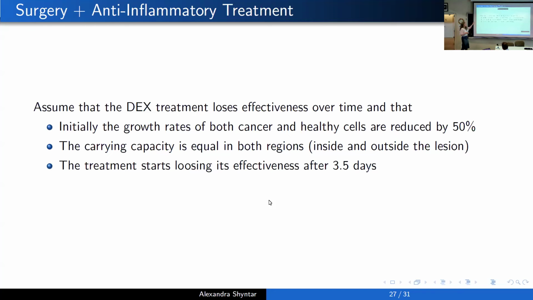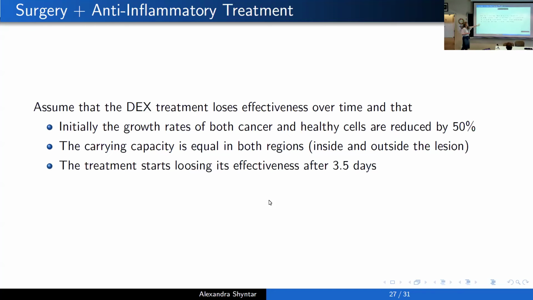So to simulate it, we assume that initially it works well at delaying the immune response. So the growth rates of both cancer cells and healthy cells are not as extreme as we had in our base parameters, so we lower these. And then we also lower the carrying capacity because angiogenesis is delayed.